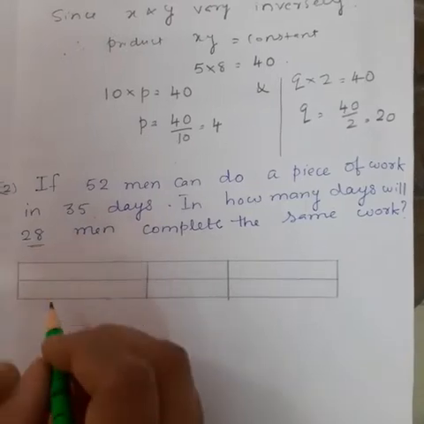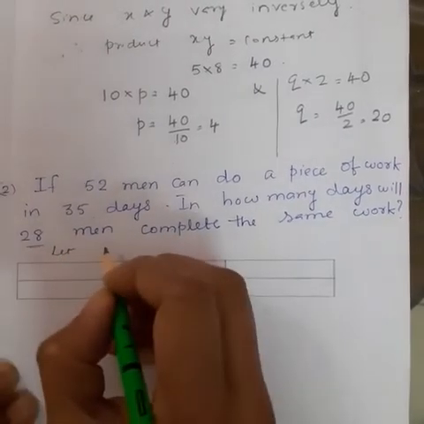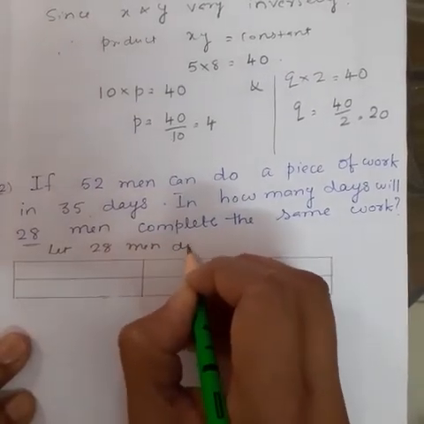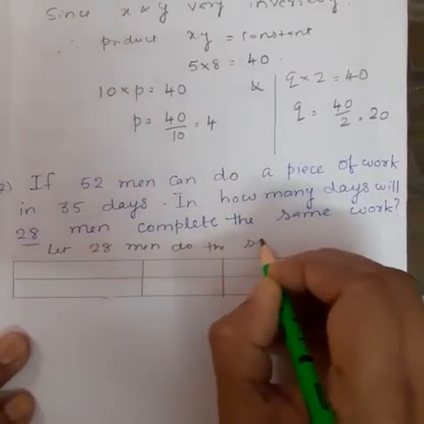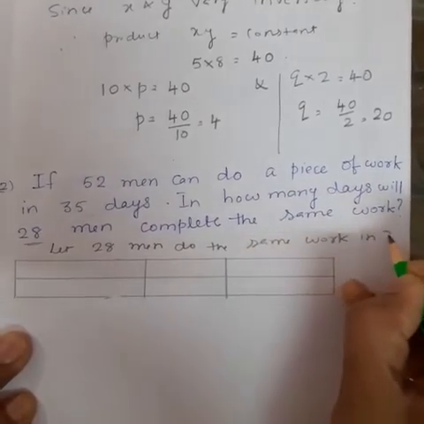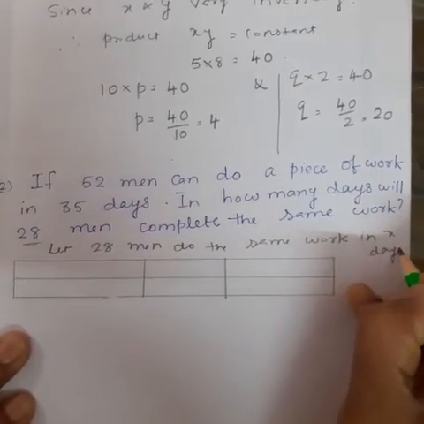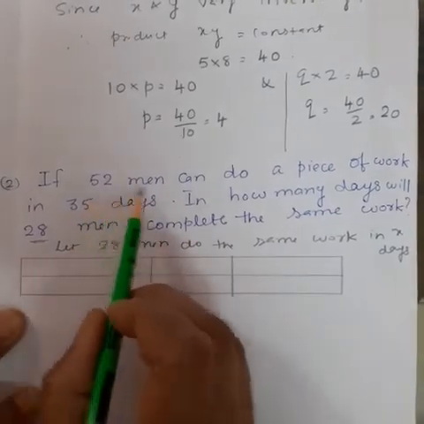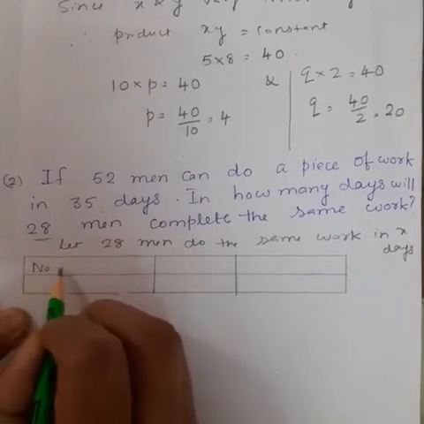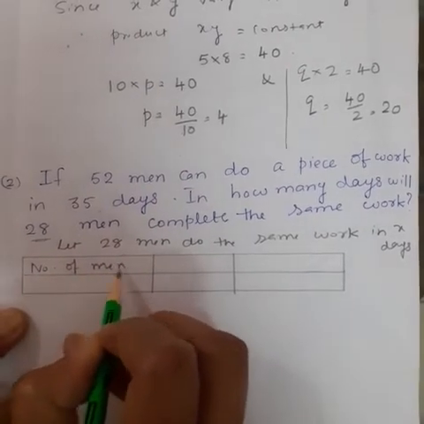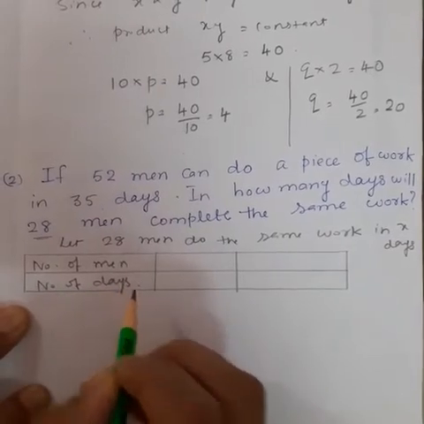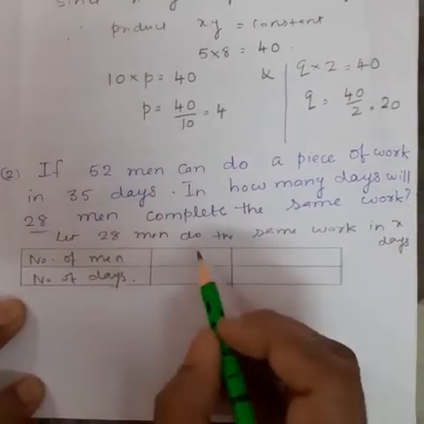So we can let 28 men do the same work in x days. Now we will complete the table. Here there are two quantities, the number of men and the number of days.